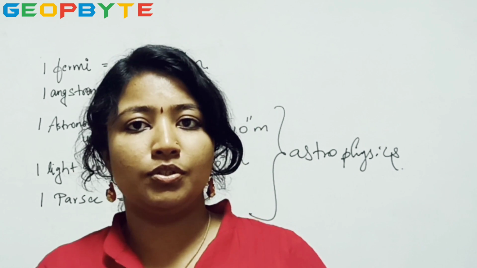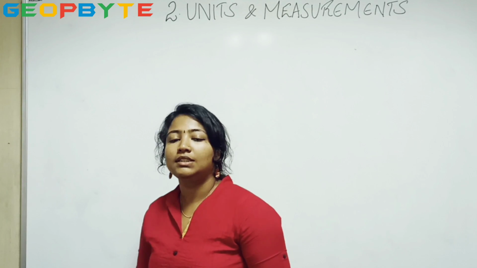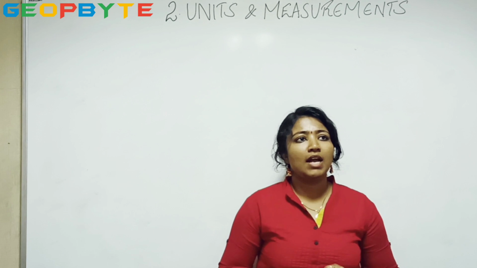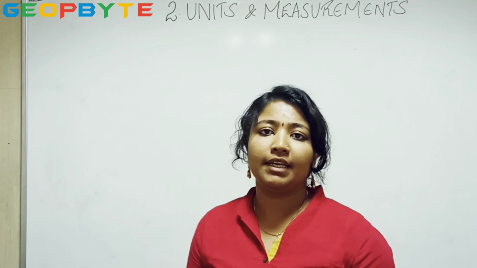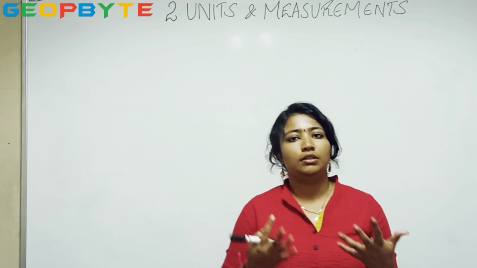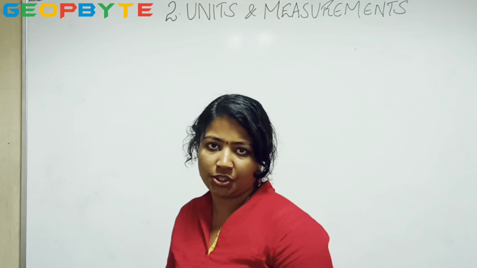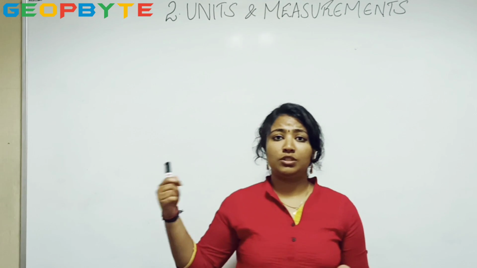Now we'll go on to mass. Talking about the measurement of mass, if I ask you to weigh something like your mobile phone, you may weigh it in a weighing machine or the one we use in grocery shops.